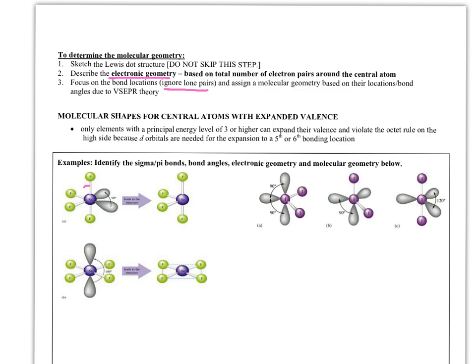But if I look at this, I've got a sigma, a sigma, a sigma, and a sigma, and then a lone pair and a lone pair, right? So this has 4 sigma bonds. Then you can see what the structure looks like because we ignore those. Since there are 6 things around the center, we would say that's octahedral, right?